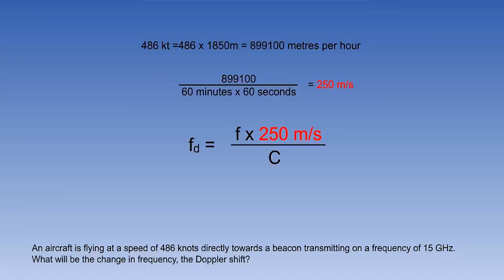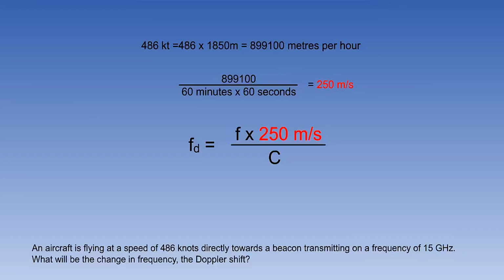There are 1,850 meters in a nautical mile, so in 486 nautical miles, there are 899,100 meters. This is a figure for 1 hour, so in 1 second, divide by 3600, which gives us 250 meters per second.